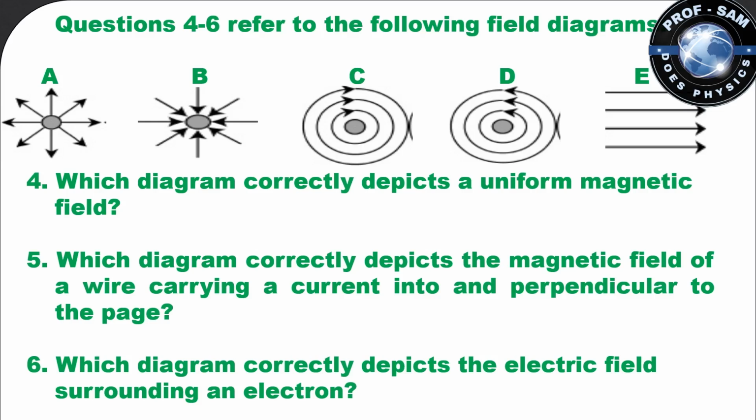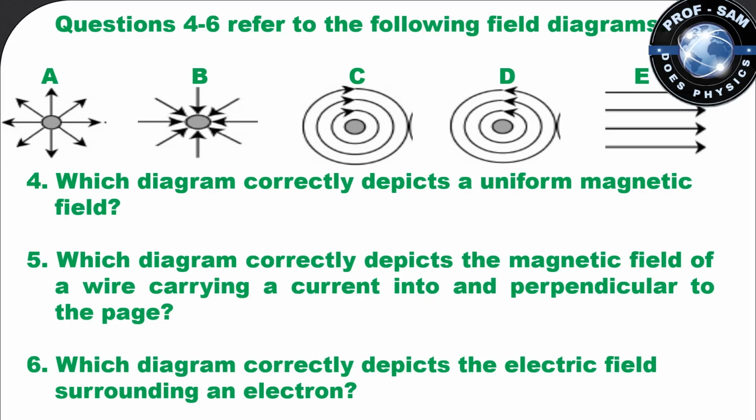Question 5. Which diagram correctly depicts the magnetic field of a wire carrying a current into and perpendicular to the page? You need to understand that whenever the thumb of your right hand is pointing into the page, then your fingers will curl in the clockwise direction, and this indicates the direction of the magnetic field being created by the current.